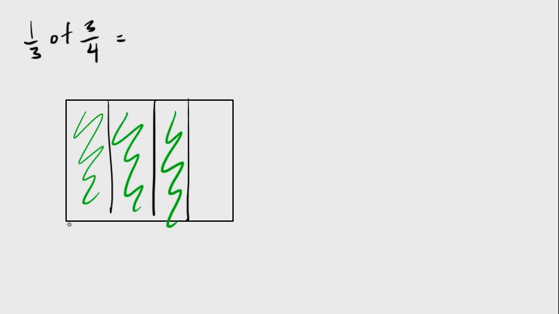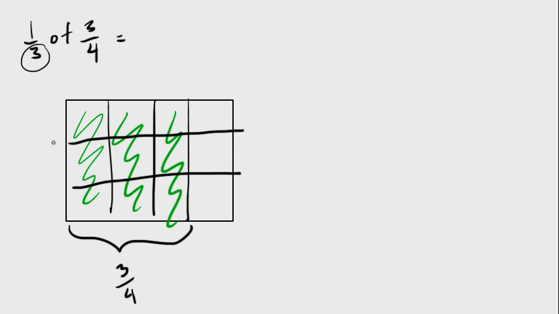So there are my 3/4, and I'm splitting them up into thirds because that's what it's asking me to do. And only one of these thirds matters. So how do I do that? Right, 1/3. So there are 3 of them. So this is what's important to us.